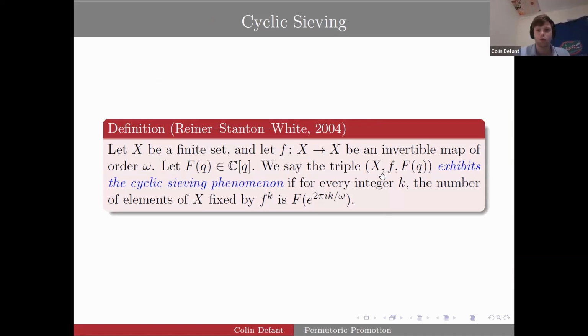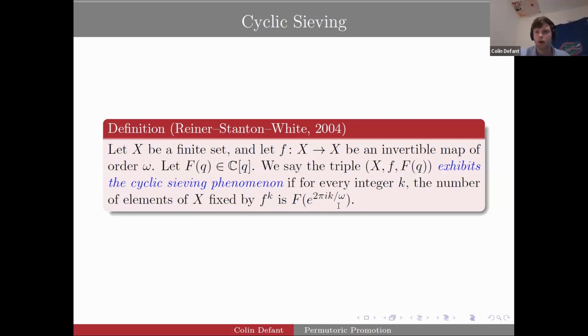Then we'll say that this triple, X, F, and F of q, exhibits the cyclic sieving phenomenon if for every integer k, the number of elements of X fixed by F to the k, so this is F composed with itself k times, is this evaluation of capital F at this root of unity, e to the 2 pi i k over omega.